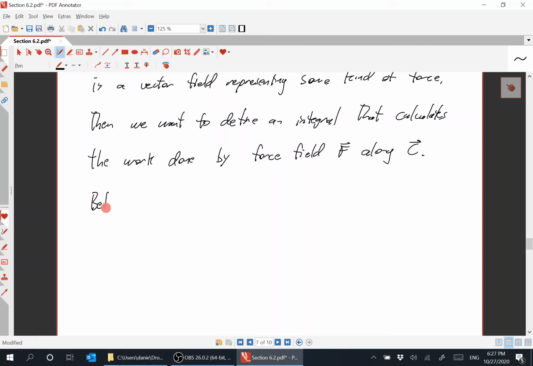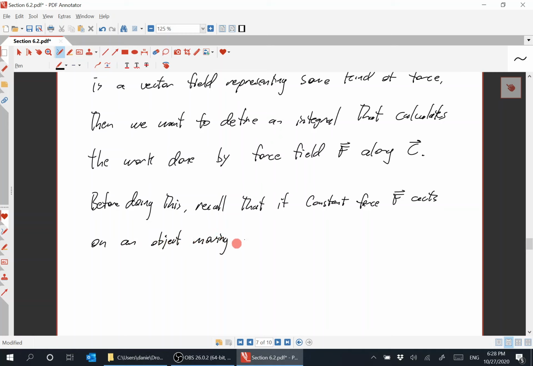So before doing this, recall that if a constant force F acts on an object moving from tail to head on vector d, then work was force times distance.